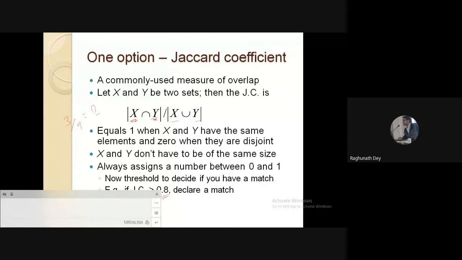If the first string and the second string, x and y, are very similar or the same, what will be the output? That will be 1. And if there is nothing in common, very dissimilar, it will be 0. So the value lies between 0 and 1. If it is very similar or the same, that will be 1, and if it is totally dissimilar, it will be 0.